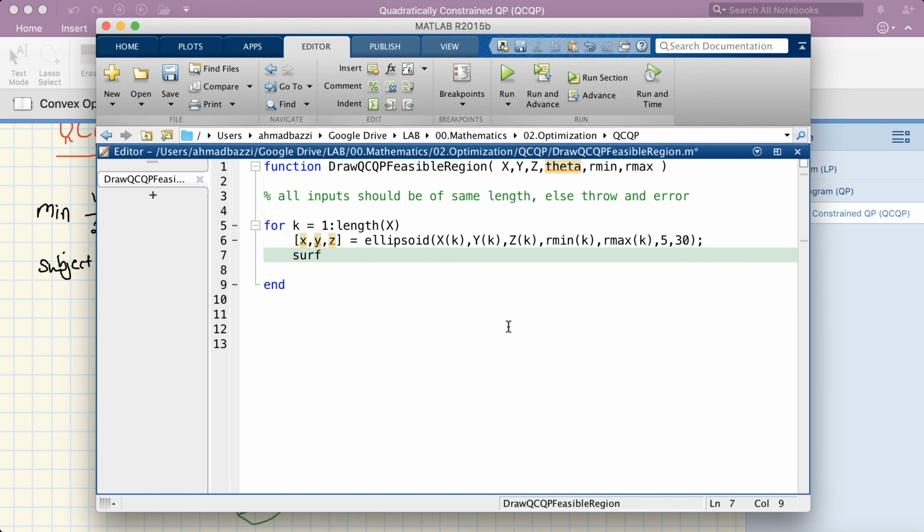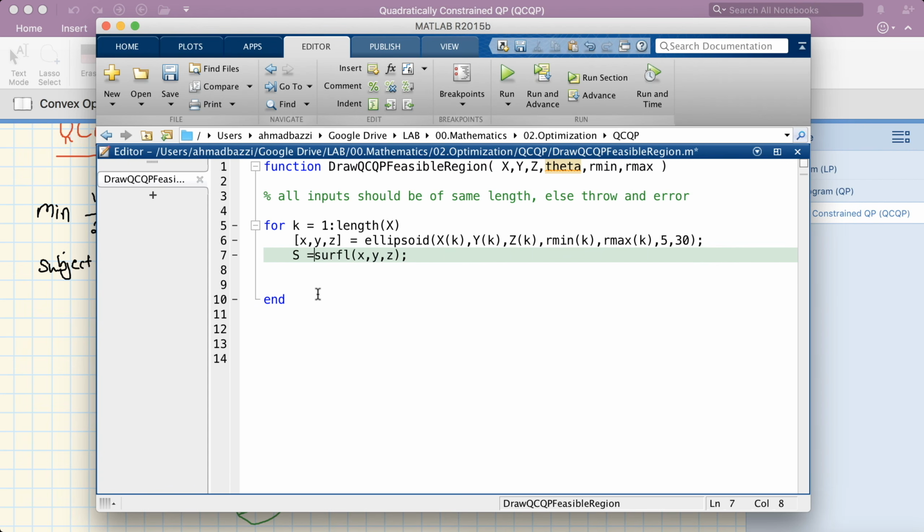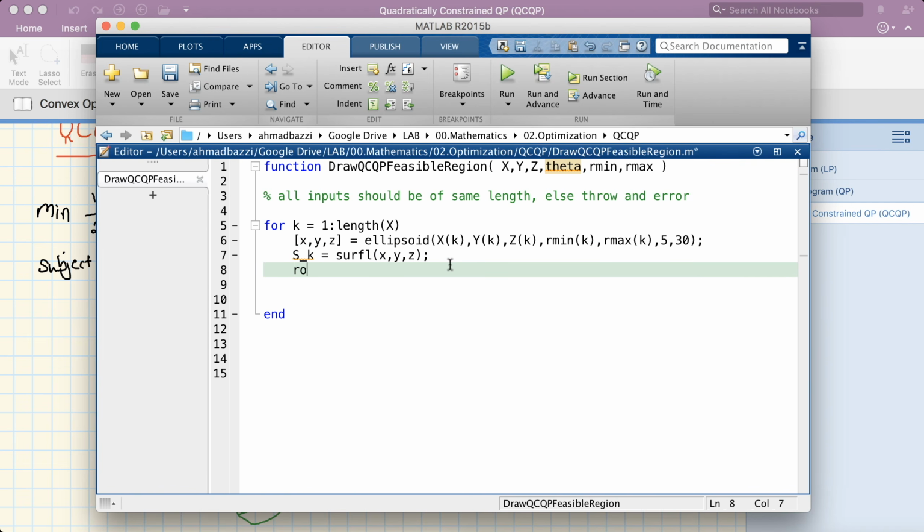So surf XYZ. And since we've got rotational angles right here, I'm going to return the surface. So this is xk, meaning the surface of the kth ellipsoid. I'm going to rotate it about the z-axis, so 0, 0, 1, by a value defined by the kth entry of theta.